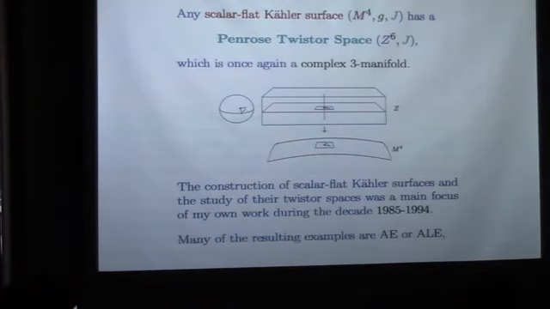This resulted in many other examples of asymptotically Euclidean and asymptotically locally Euclidean scalar-flat Kähler manifolds. However, unlike Kronheimer's beautiful result, there is still no classification known. In the hyperkähler case, one knows exactly what the possibilities are. Here, there are still open questions.